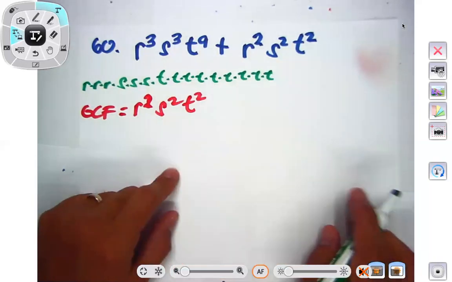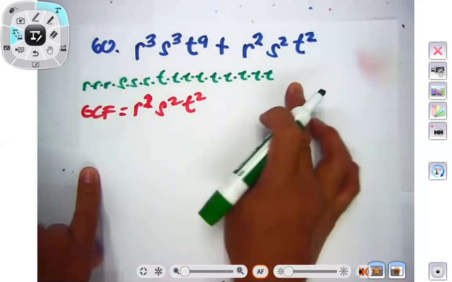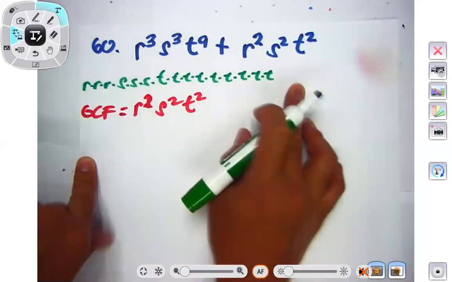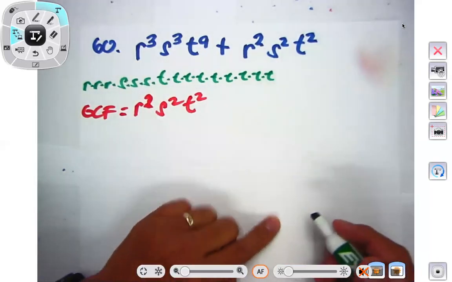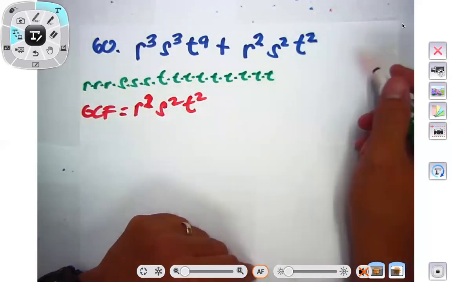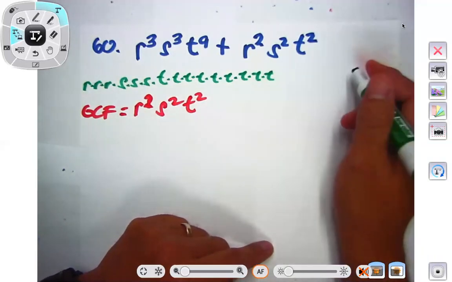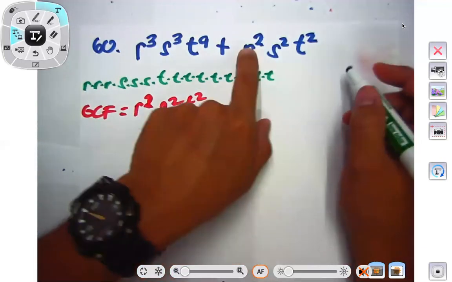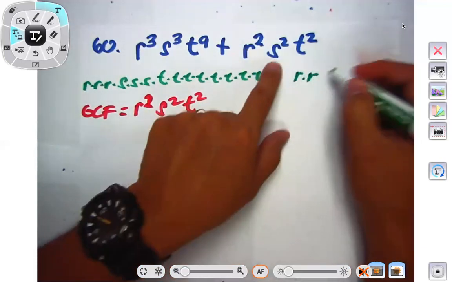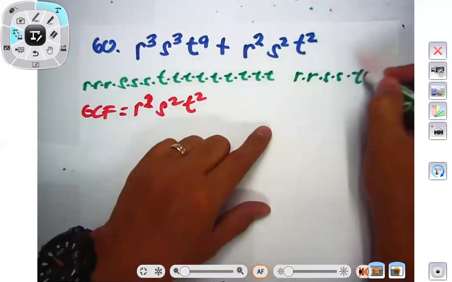That's why I said a while ago, you can skip this. Imagine if you do this every time. So I'm giving you some strategies to make your solution shorter. And then for r squared, r, r; s squared, s, s; and t squared, t, t.